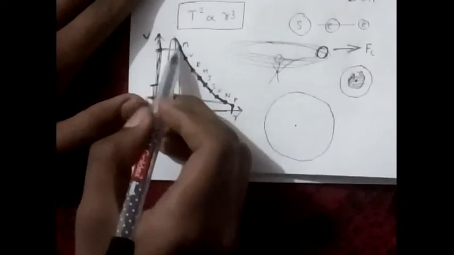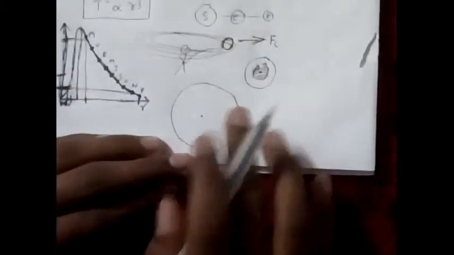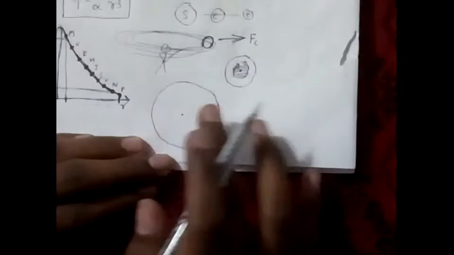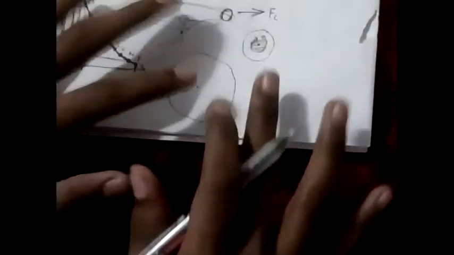Look here, as we move further from the center, the time taken also increases, but in galaxies this does not happen. The speed is constant and the time taken to revolve is also constant. There's a problem. How can it be?